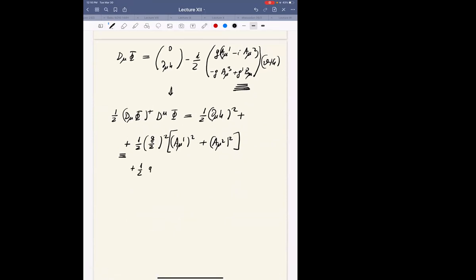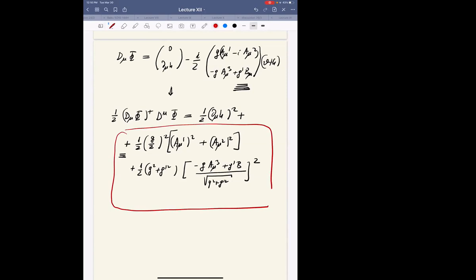I'm going to write like this, g squared plus g prime squared, and then minus g A_mu^3 plus g prime B, and I will divide because I multiply by g squared plus g prime squared, everything squared. Does everybody agree with me? This is what we are after. Something is missing, V plus H squared.